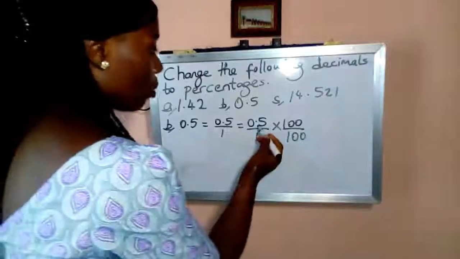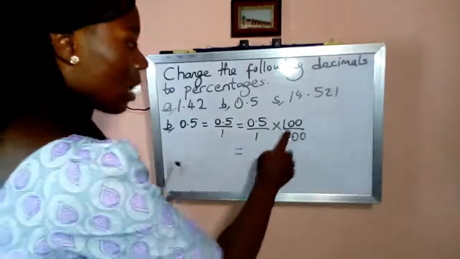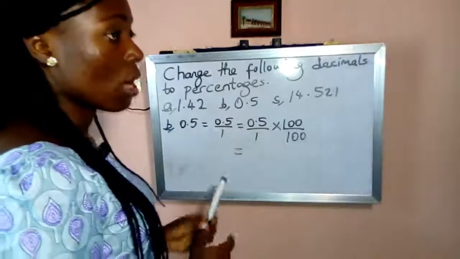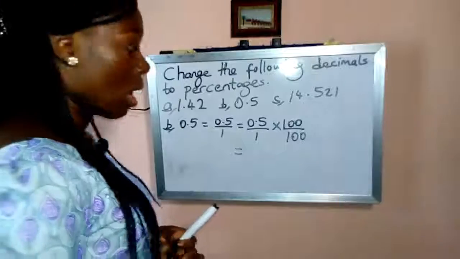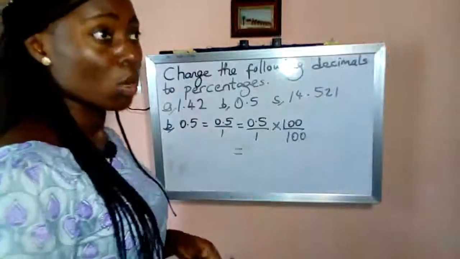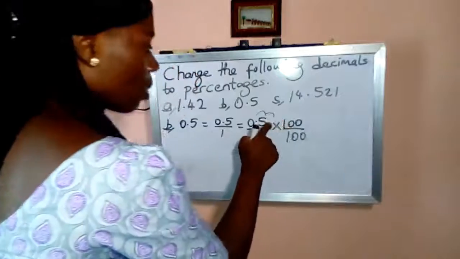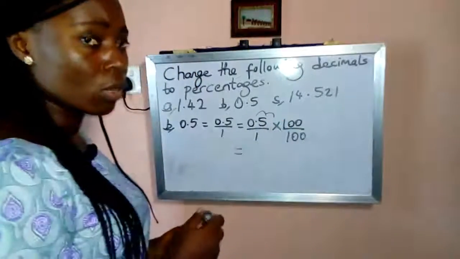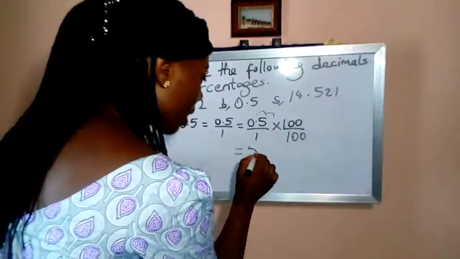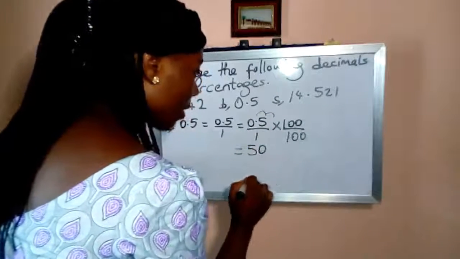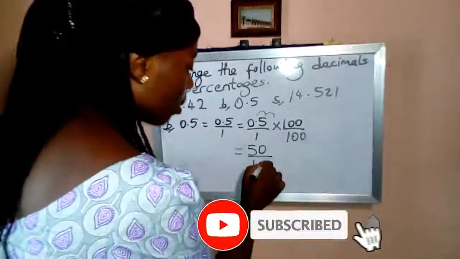Okay, now 0.5 times 100. How many zeros are here? 2. That is to say, when I'm multiplying 0.5 times 100 without the use of a calculator, I'll simply move 2 places towards the right. So that will give me 1, 2. What happens to this space here? I'll put a 0 at the back of it. So my decimal point has moved. So I now have 50 all over 1 times 100, which will give me 100.